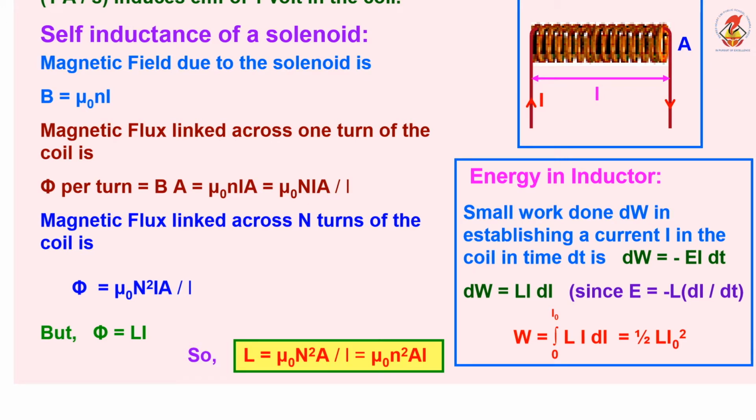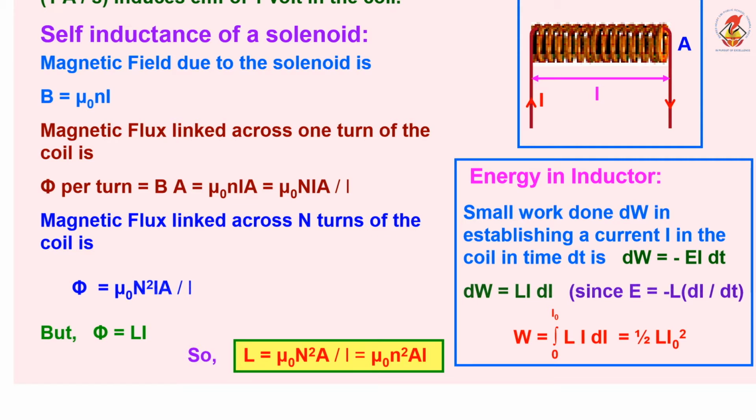Now, what is the magnetic flux linked across N turns of the solenoid? Just multiply the above equation with N. So N into n becomes N square.